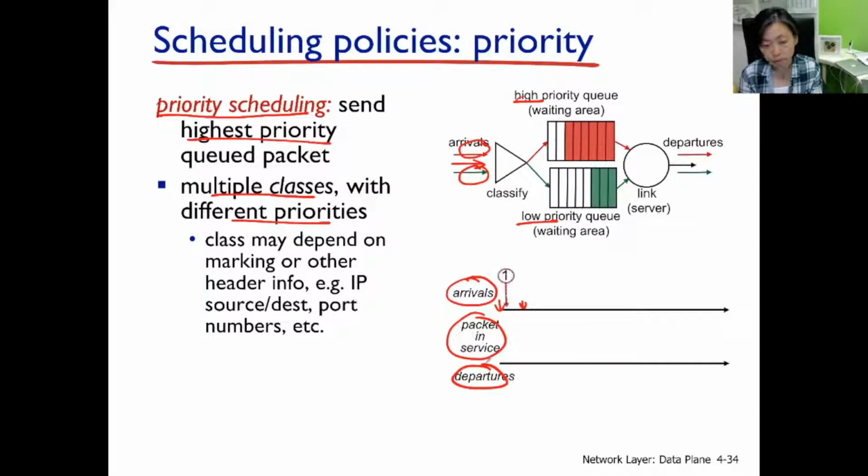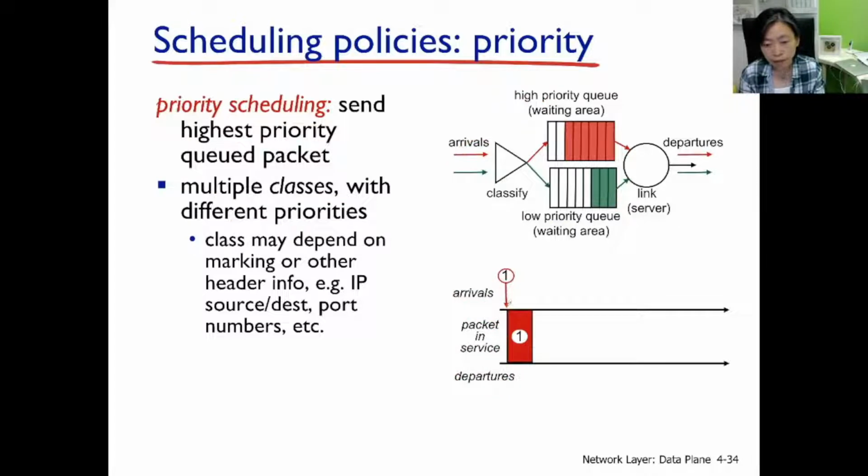So let's say packet 1 arrives here. Right there, packet 1 is being served, and it's going to take some time. At this point, packet 1 will exit, but other packets could arrive while we're serving packet 1. So 2 and 3 arrive here, but 2 carries a lower priority, while 3 carries a higher priority.